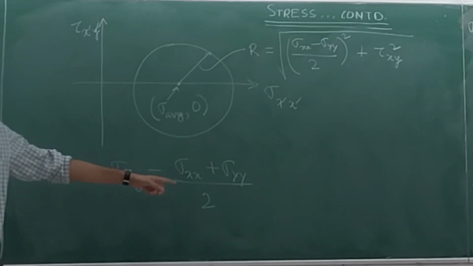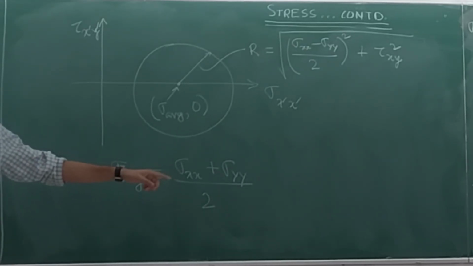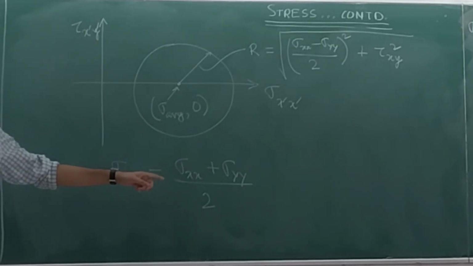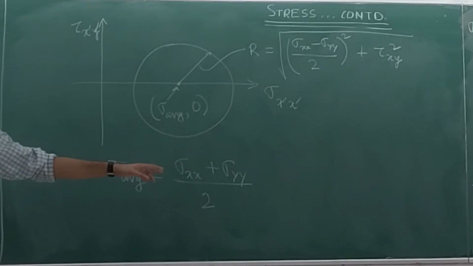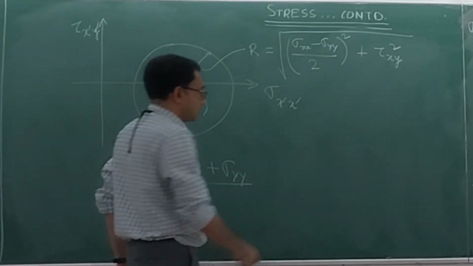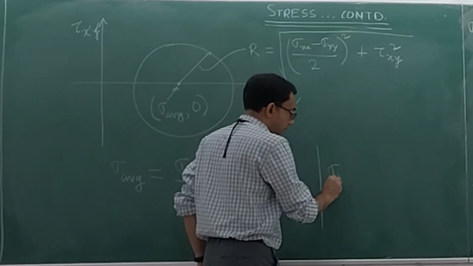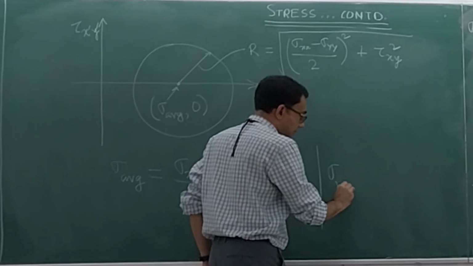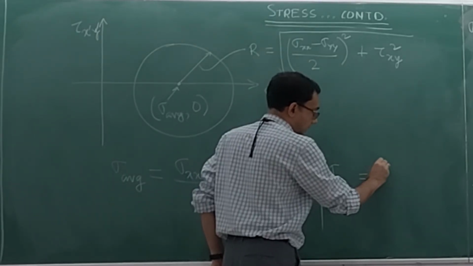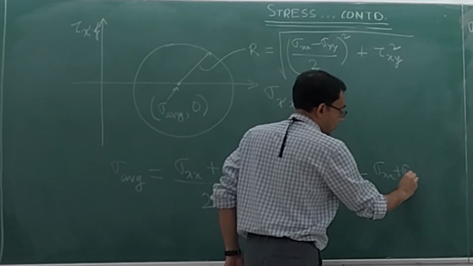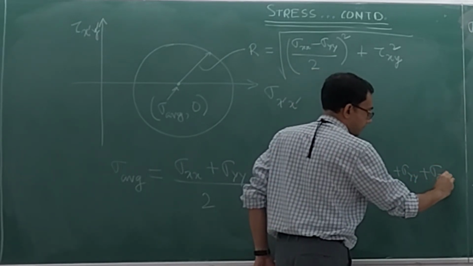Sigma xx, sigma yy, and sigma zz. In that case, the average would be sigma xx plus sigma yy plus sigma zz divided by 3. Let's call that sigma mean.